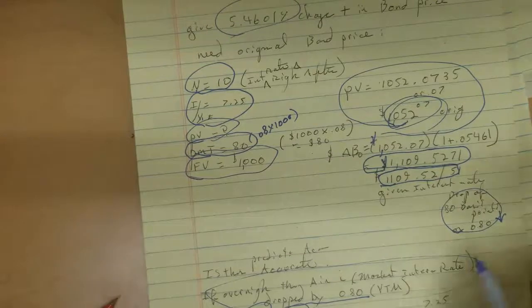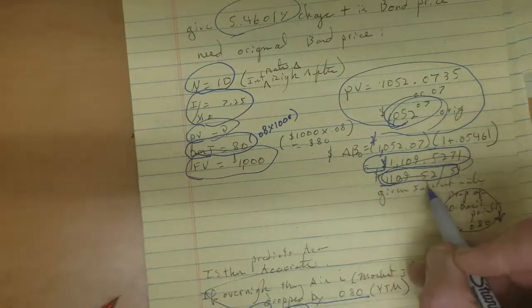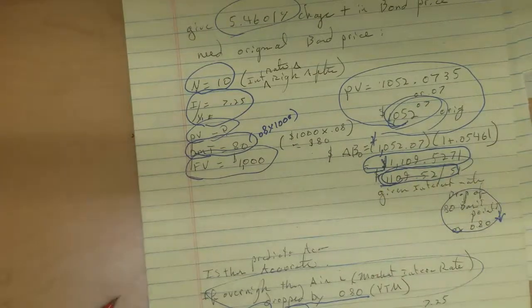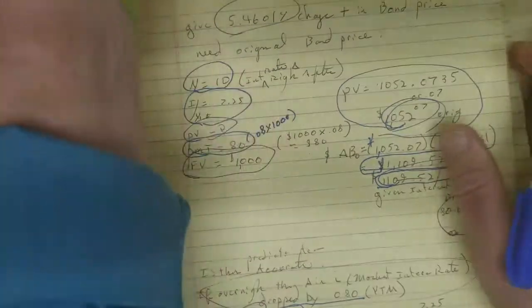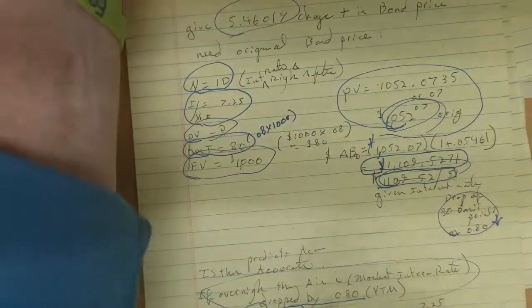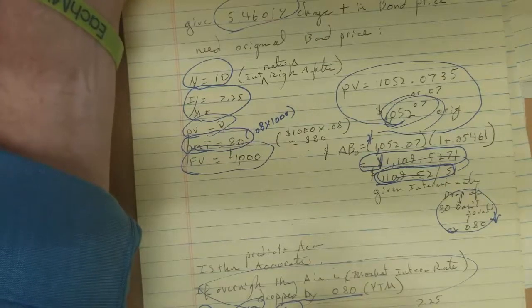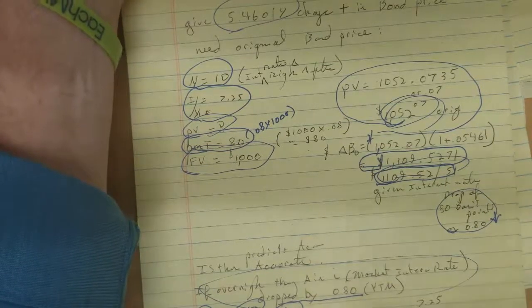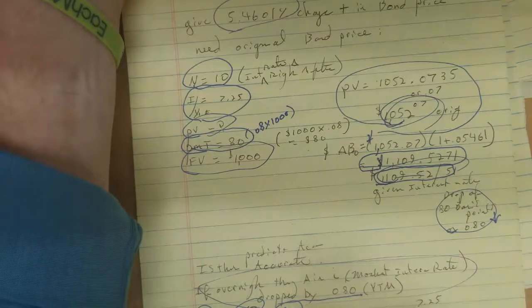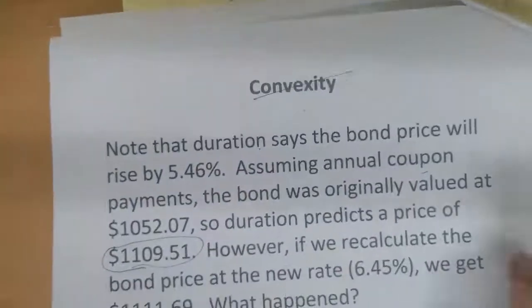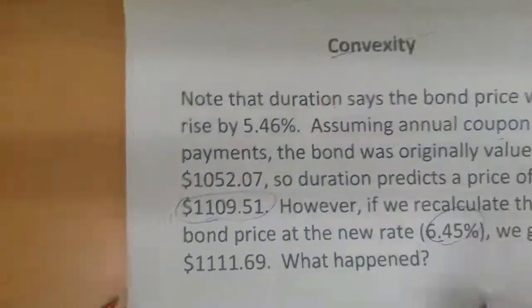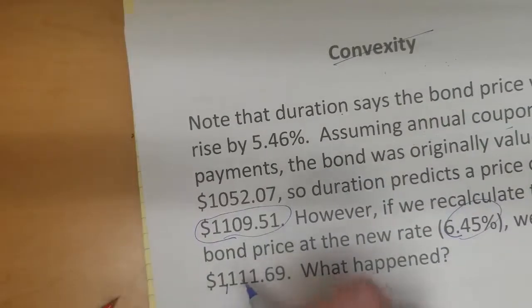So why the difference? Shouldn't it be this? This is what we predicted, but there is some error in there, and let me show you where it comes from. I remember that I calculated it went from 7.25, we knock 80 basis points or 0.80 off that, we get 6.45. That's where this comes in right here, which gives us a price of 1,111.69.